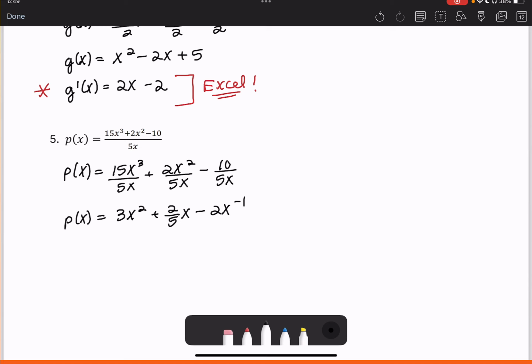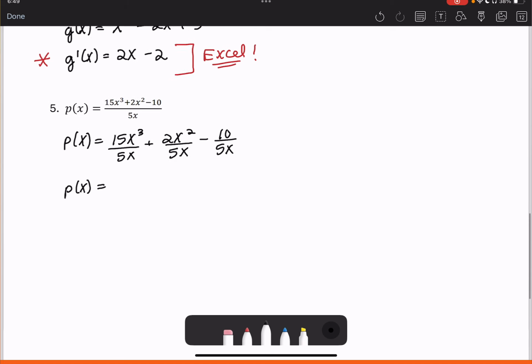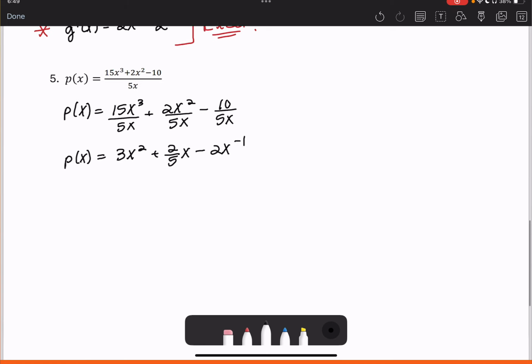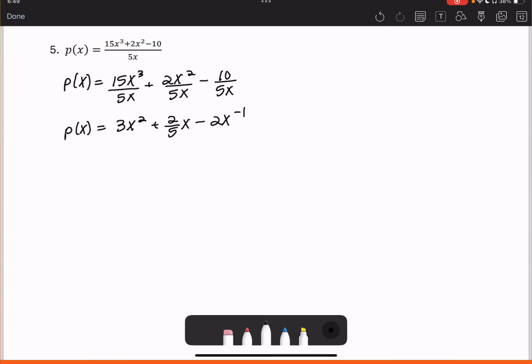Okay, and then we are going to use our basic derivatives to finish this problem out. Okay, so that's going to be p prime of x is 6x plus 2/5 plus 2x to the negative 2, and that will be my derivative.